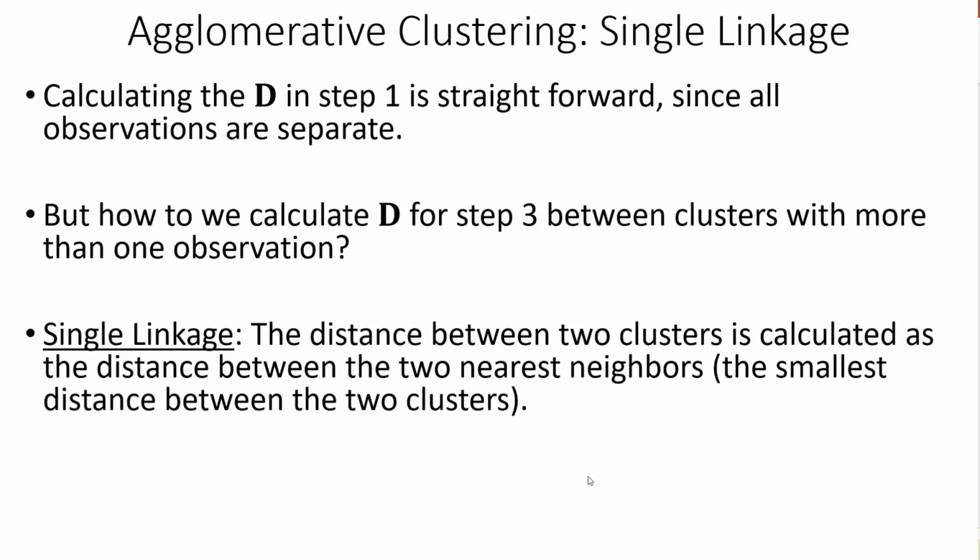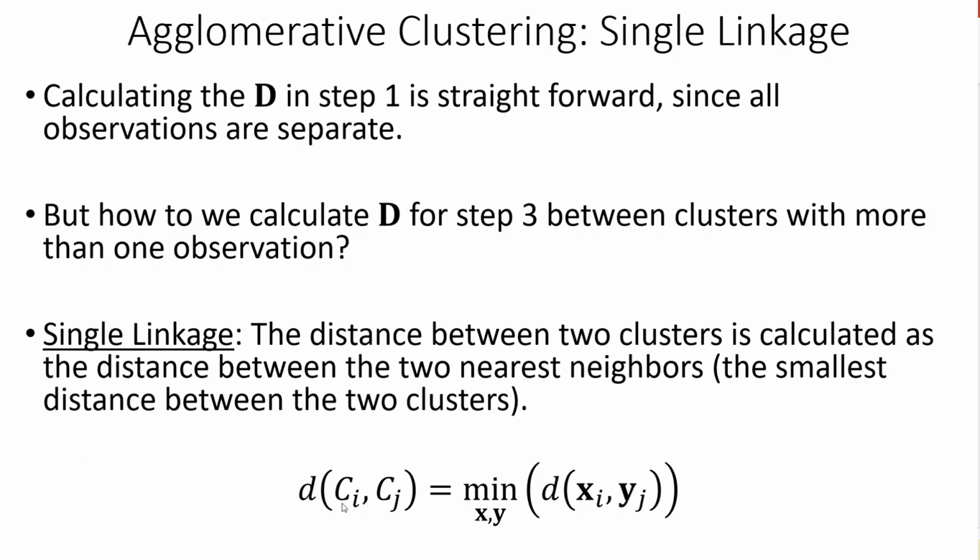So that's going to measure the distance two clusters are apart as just the two nearest neighbors. And essentially, if we're trying to figure out how far apart cluster I and J are from one another, we'll take every observation in cluster I, every observation in cluster J, and find the distance two objects are that is the smallest between them. So instead of looking at the clusters as a whole, we're looking at each dot in the cluster individually.